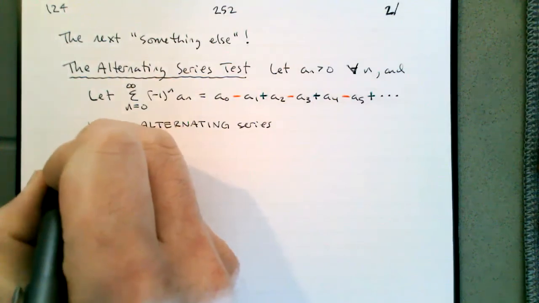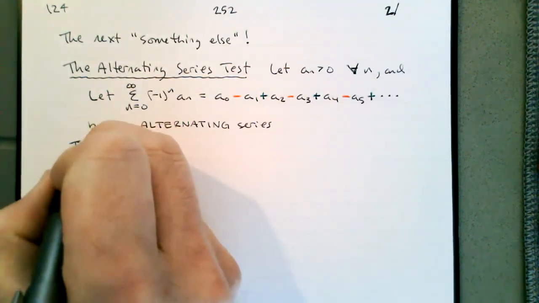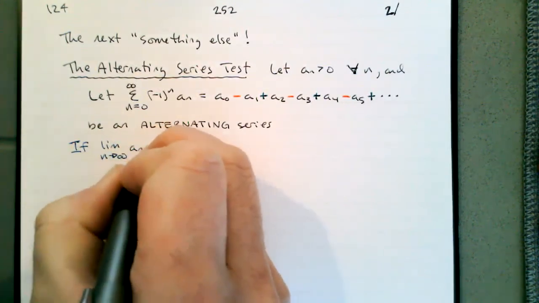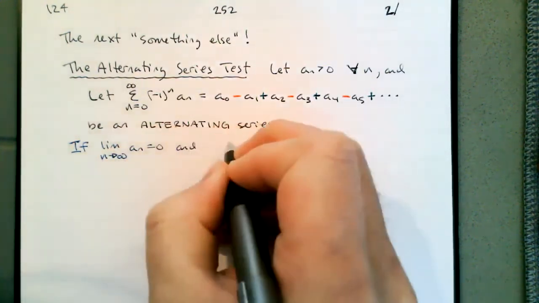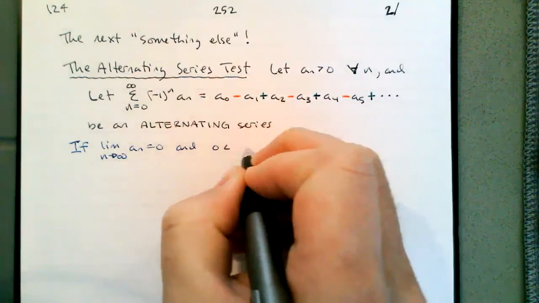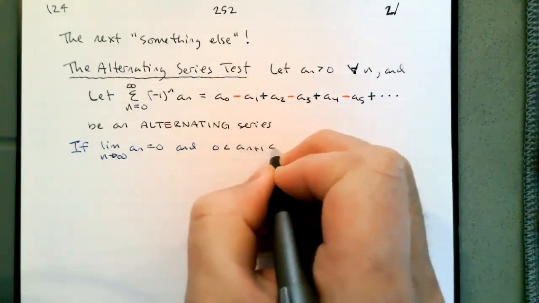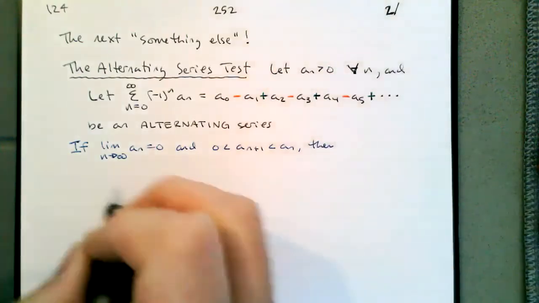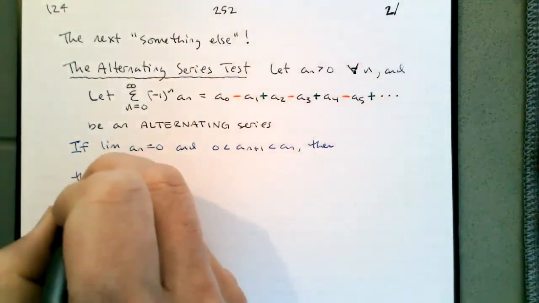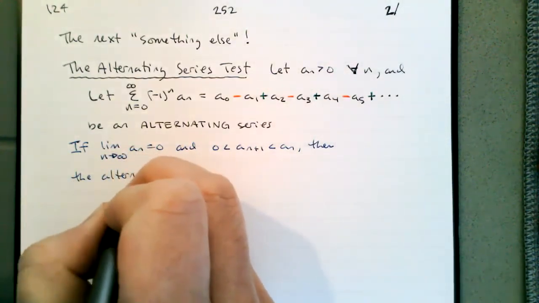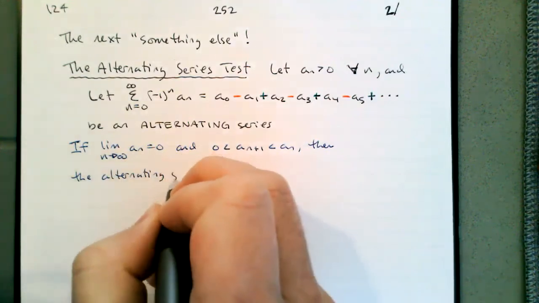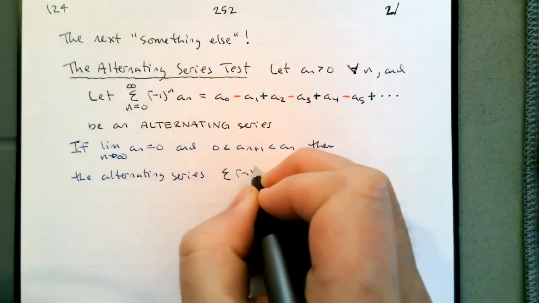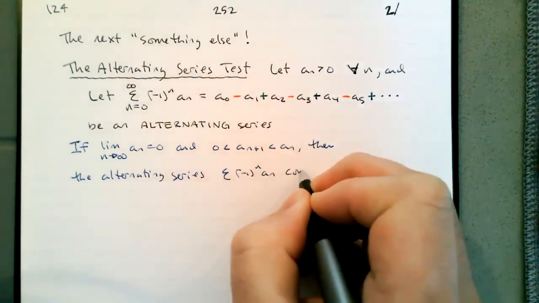If the limit of the terms is 0, and the terms decrease, then the alternating series converges.